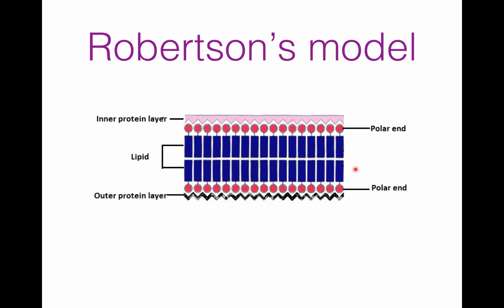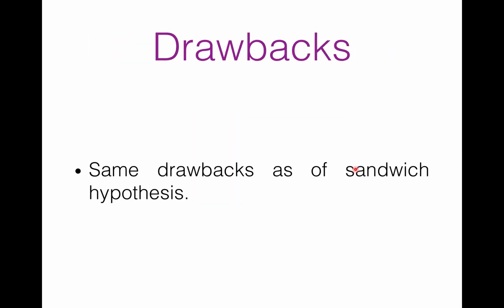So, both the Danielli and Davson model and Robertson model of unit membrane are collectively called lamellar model. It has the same drawbacks as the sandwich model hypothesis: it does not explain the functional specificity and variability in the biomembrane, and also doesn't explain phenomena like active transport.